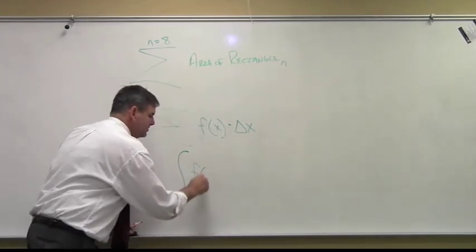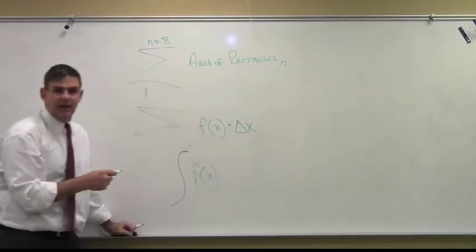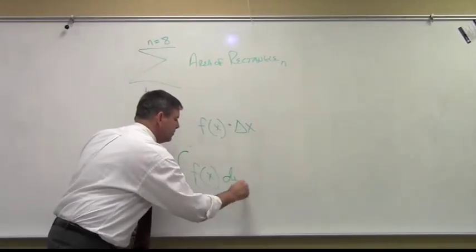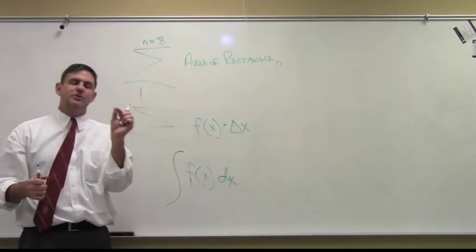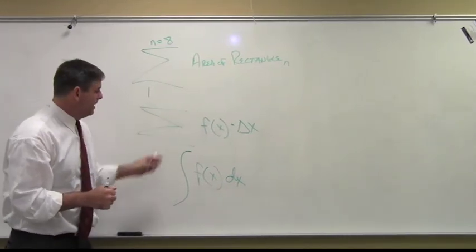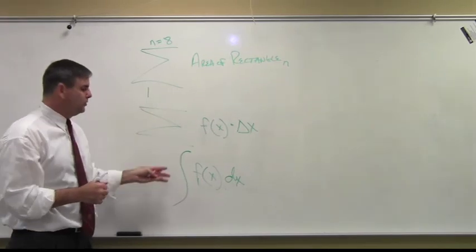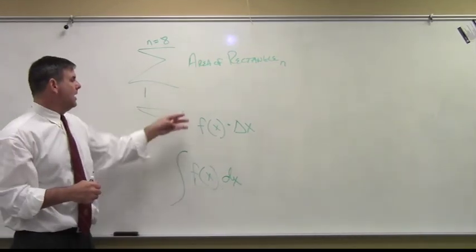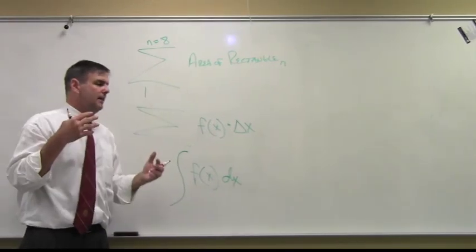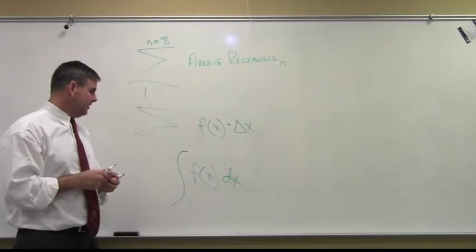The f of x is, of course, the height of each rectangle, and instead of delta x, we use the symbol dx, which you've seen before, which just means the very smallest little difference in x. This is what you'll learn to use for integrals, and you'll find out that integrals are actually the best method for finding area under the curve.